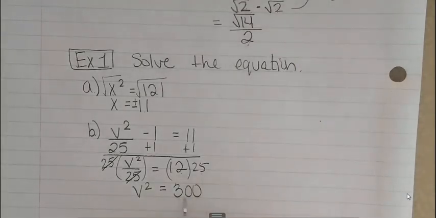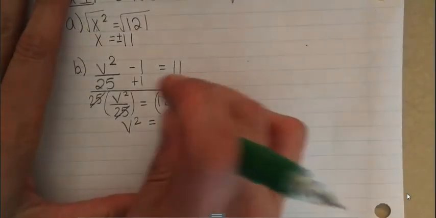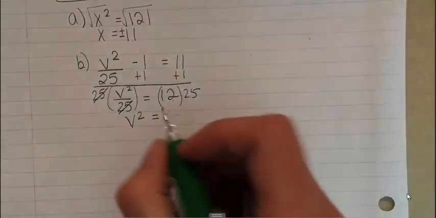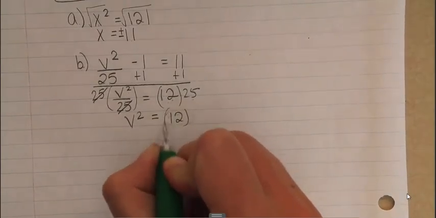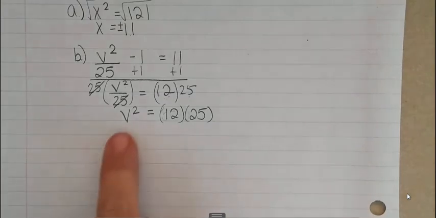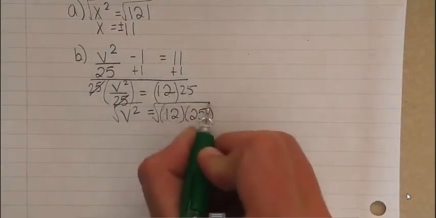Or I can break it up here, okay? So I'm going to go ahead and erase that, just because I want to show you how you can leave it in this form and work with it. All right, so I need to get v by itself, which means I'm going to take the square root of both sides.